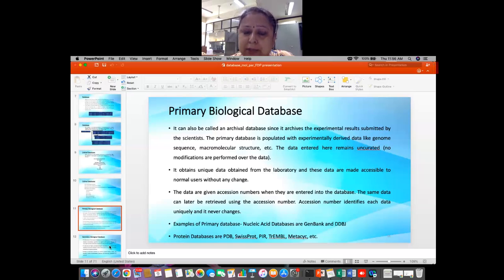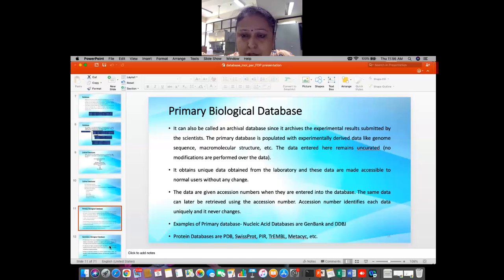So the primary database is populated with experimentally derived data like genome sequences, macromolecular structures, etc. So the data entered here remains uncurated. No modifications are performed over the data. So whatever the experimentalists find out through their wet lab experiments and acquire the data, that data is collected and stored in primary biological databases.